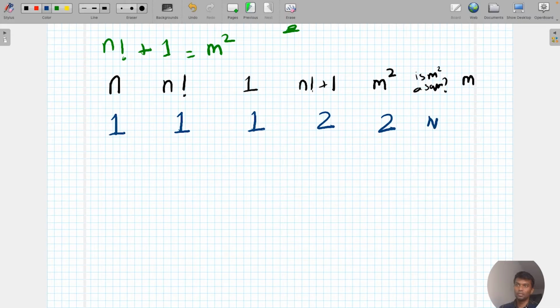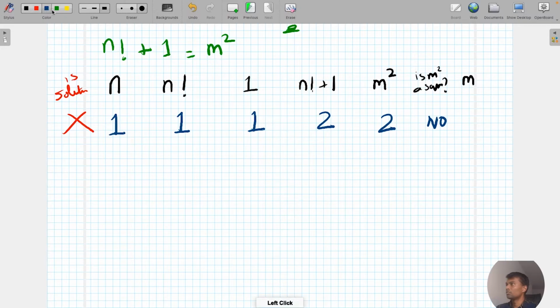The answer is no. So for this particular value of n, this equation does not hold. In other words, n equal to 1 is not a solution for this equation.